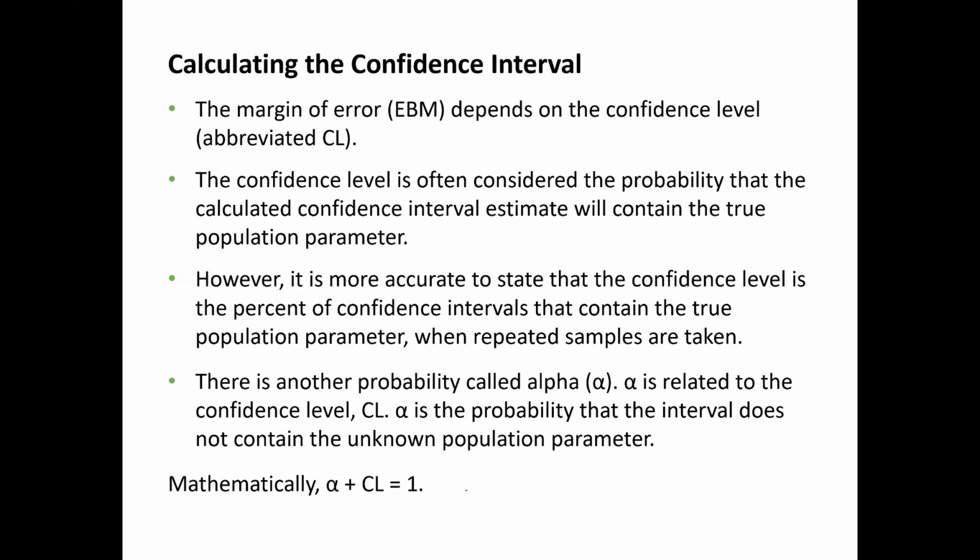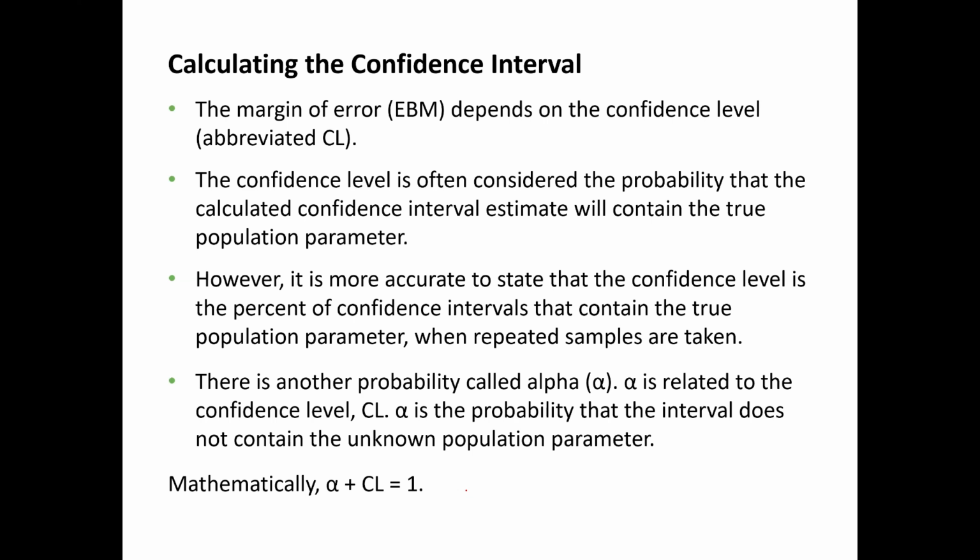The confidence level is often considered the probability that the calculated confidence interval estimate will contain the true population parameter. However, it's more accurate to state that the confidence level is the percent of confidence intervals that contain the true population parameter when repeated samples are taken.